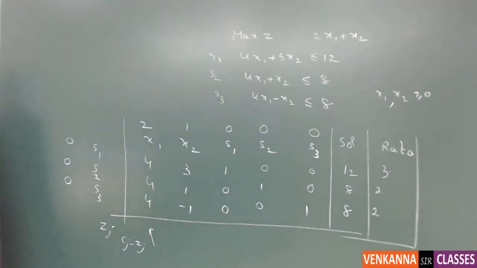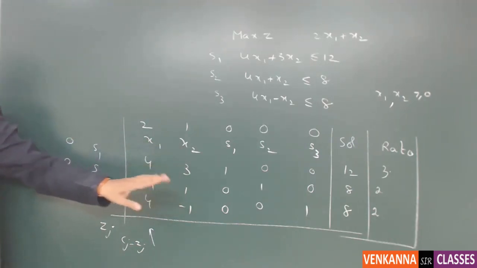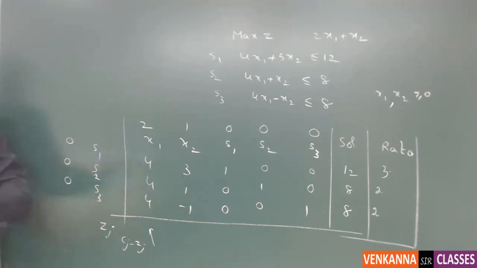So there is a tie situation between the ratios for S2 and S3. So we have to pick one, either the S2 or S3 row, so that the necessary pivot element will be taken either here or here. Accepted? Now what happens? Even if you don't follow the procedure, sometimes you can make the choice arbitrarily and you will get a solution.